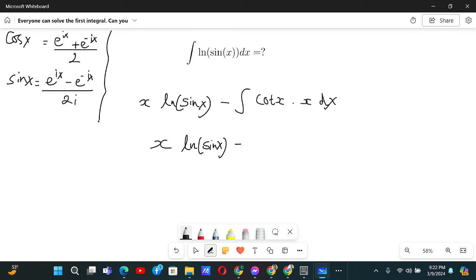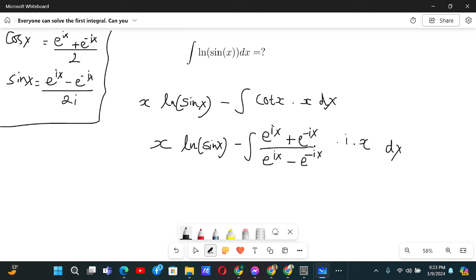You can use these complex definitions, and that gives us (e^(ix) + e^(-ix)) by (e^(ix) - e^(-ix)), and then the 2 cancels out, and we'll have i over here and x dx.